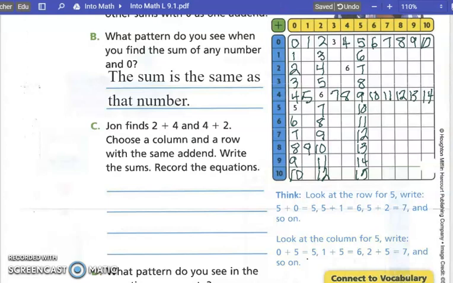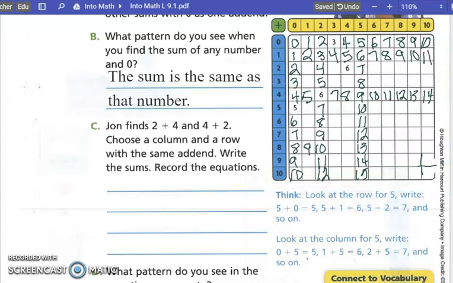Hudson, what one did you choose to do across? 1. Okay, so 1 plus 0 is 1. 1 plus 1 is, 1 plus 2 is, 1 plus 3 is 4, 1 plus 4 is 5, 1 plus 5 is 6, 1 plus 6 is 7, 1 plus 7 is 8, 1 plus 8 is 9, 1 plus 9 is, and 1 plus 10 is.